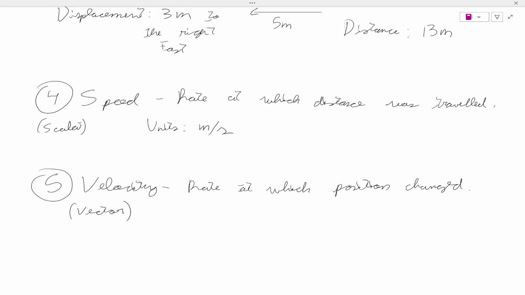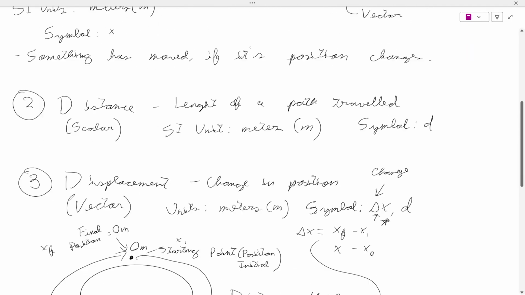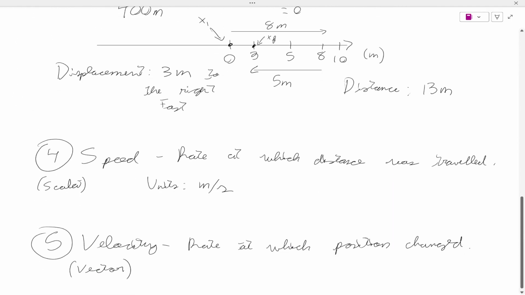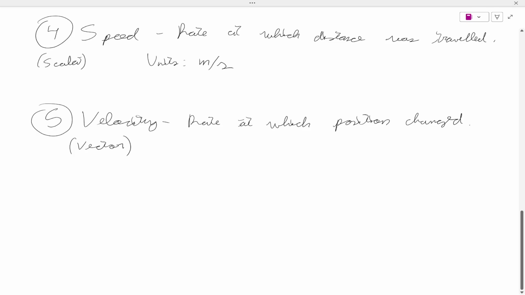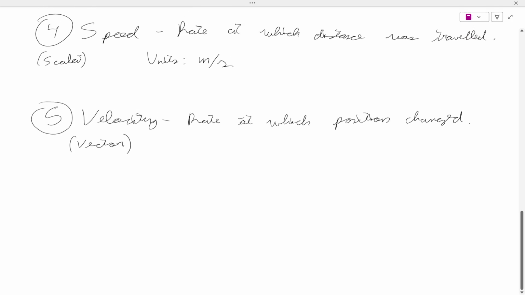Once you understand scalar and vector, which I explained at the beginning, then you'll start to understand all the differences between the different quantities such as speed, velocity, distance, displacement, position, things like that. The more you practice, the more you understand. I guarantee you will do lots of practice, okay? Practice makes perfect. Remember that. So it has the same units. Both are meters per second.